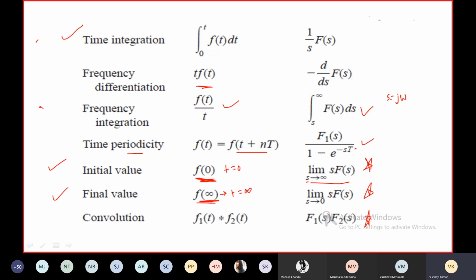Take one example: e power minus alpha t. What is the initial value of this? Simply t is equal to 0, e power 0, then 1. Initial value is equal to 1. What is the final value? That is 0. That's why you have the waveform like this, right? Final value is 0, initial value is 1.